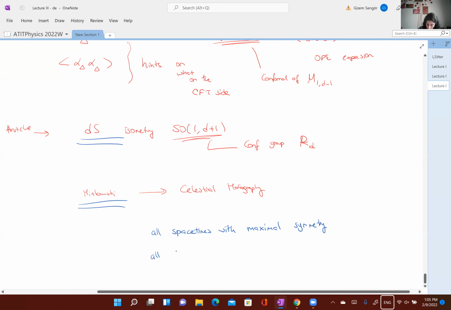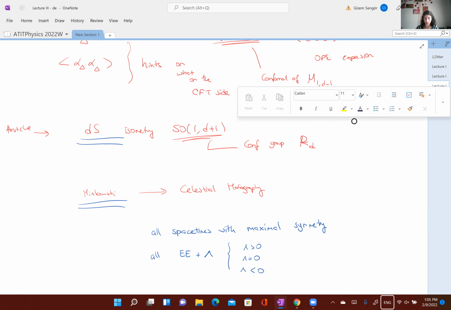And they're all solutions to the Einstein equations with a cosmological constant at a different value of the cosmological constant. So the cosmological constant being positive, 0, or negative.